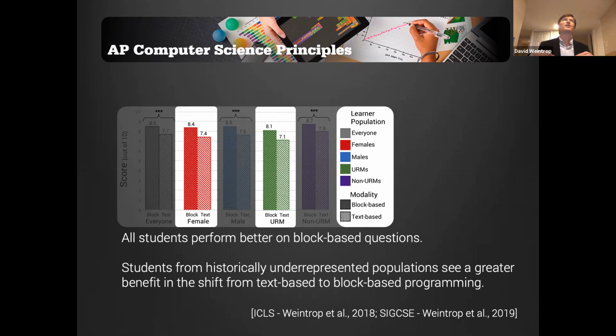It suggests that blocks compared to text is beneficial, and it might be benefiting the exact audiences and groups we most want to support in advancing in computing, getting excited about it and pursuing it, whether professionally or just in their educational careers.